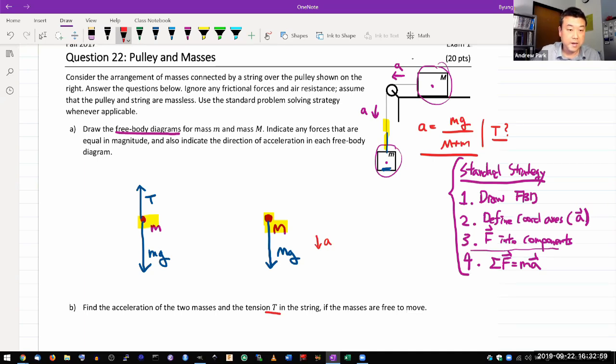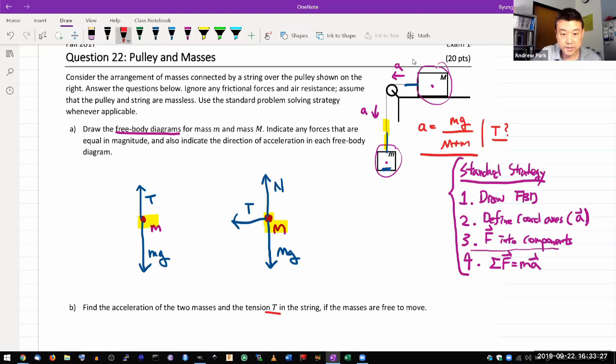So the forces I have don't make sense. There must be a normal force that's balancing out the gravity. Then I keep asking myself, did I draw all the forces? And the one force I'm missing is the force coming from the tension here. So I need to draw a tension force. All right, so that seems to be all the forces.